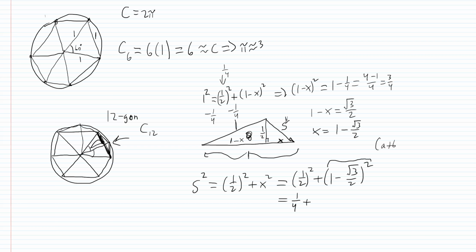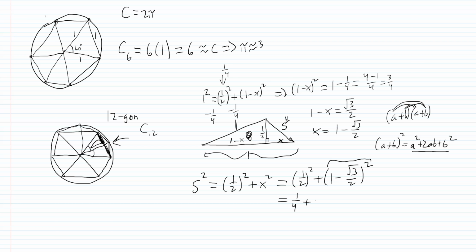And I'm going to use this rule. And if you want to get that on your own, you can just think of it as (a plus b) times (a plus b). And you can FOIL it out. So first, outer, inner, and last. Multiply everything out, add up what you can, and what you should end up with is this right here.